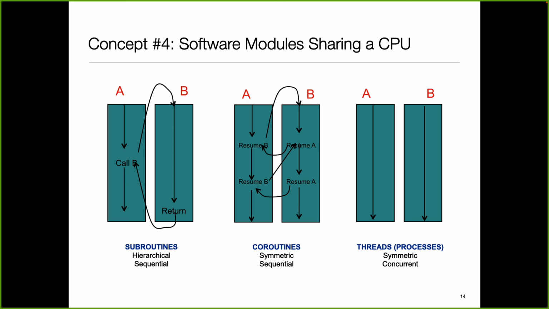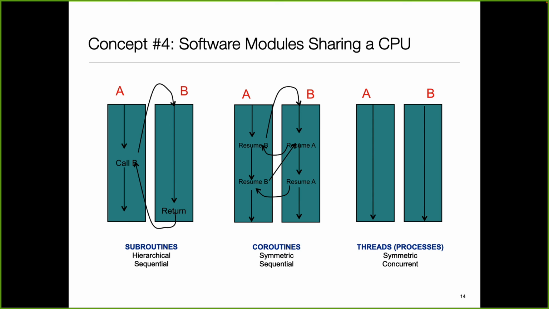So that's what happens when we call like this. At some level it's great, but here nothing is ever truly running conceptually in parallel. A has to call B and B has to return, so there's this rigid hierarchy.